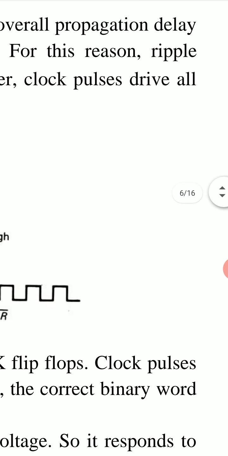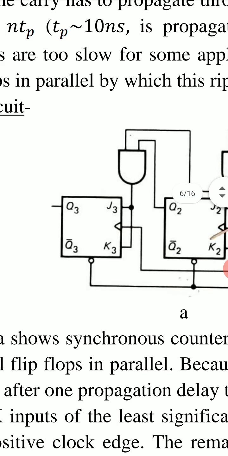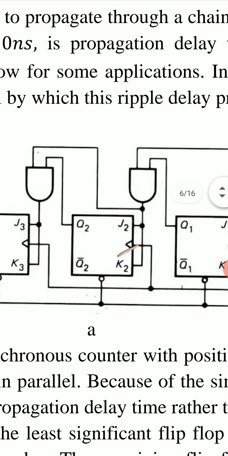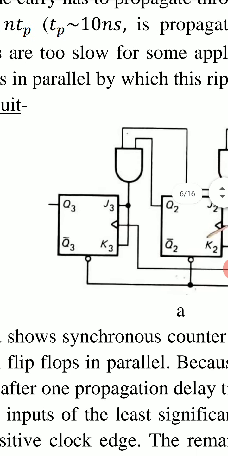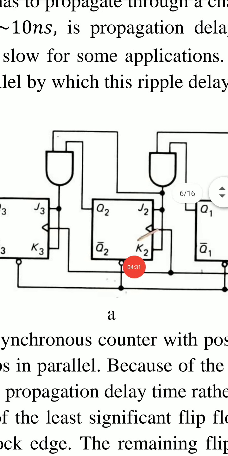For this reason, ripple counters are too slow for some applications. When propagation delay time is large, this device will be more slow.